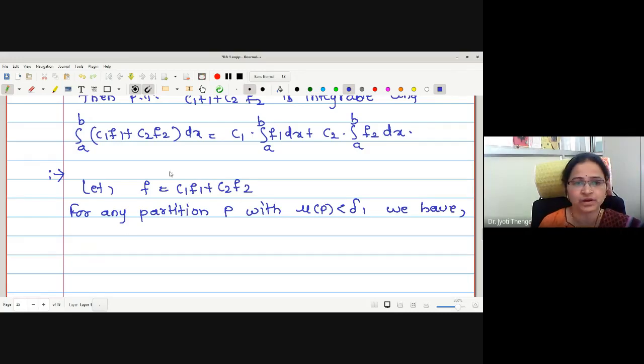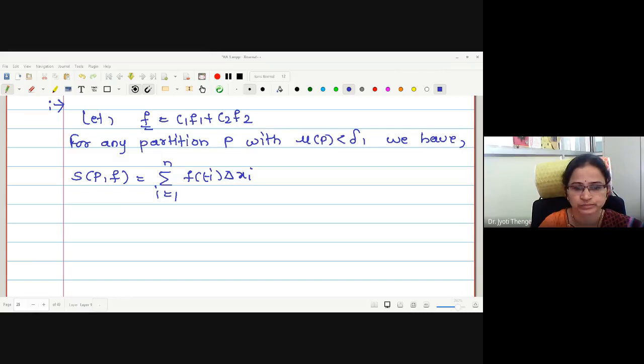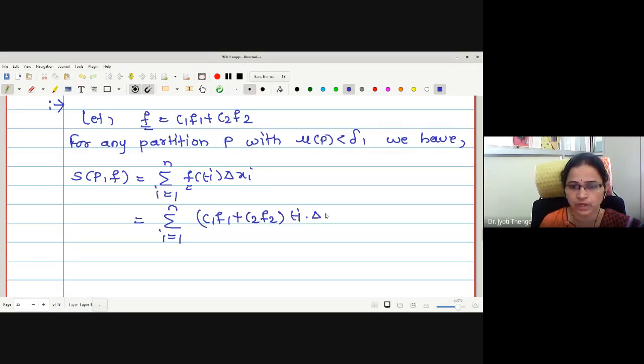Here we will check the integrability of f. Therefore, let me start with the Riemann sum corresponding to f, that is SPF. What is SPF? Summation i equals 1 to n f of Ti into delta xi. Let me write what is f: C1 F1 plus C2 F2 operated on Ti into delta xi.